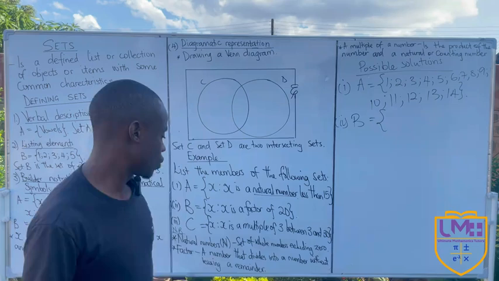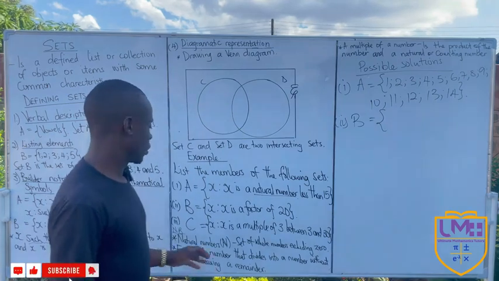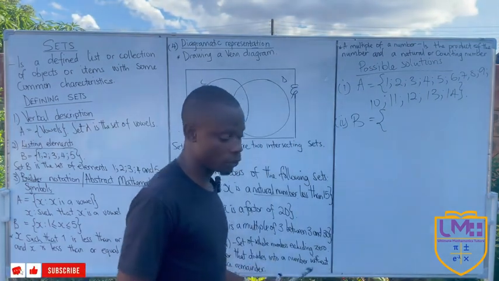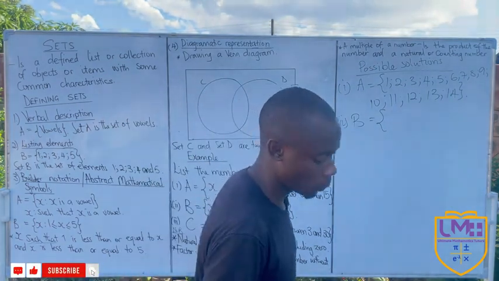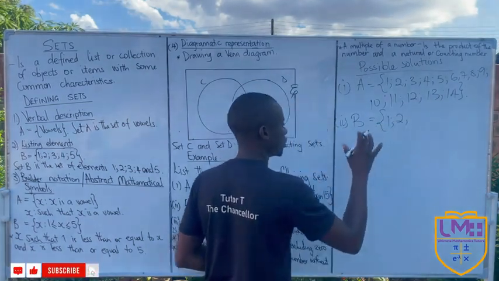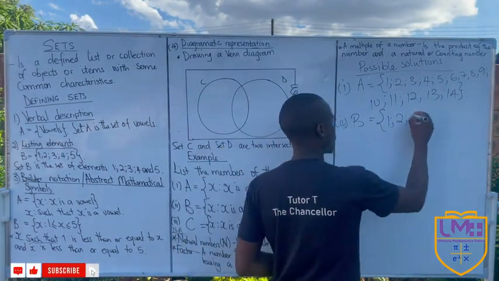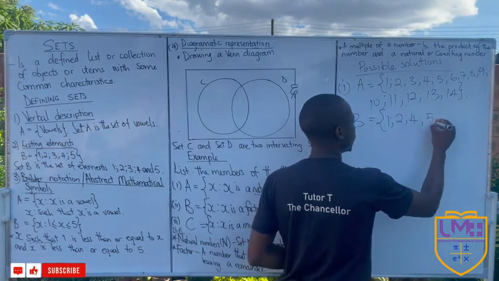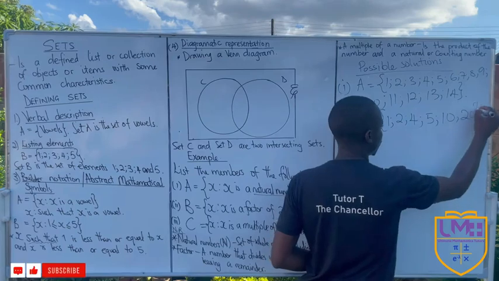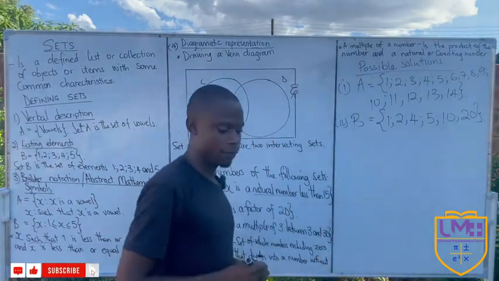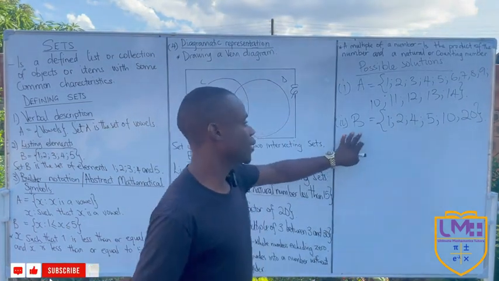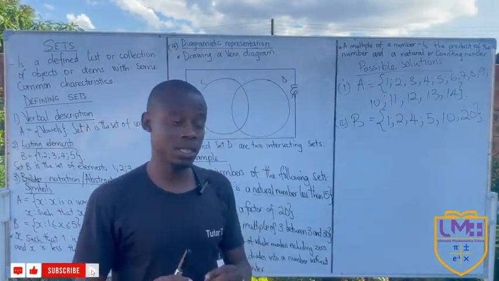The factors of 20 are 1, 2, 4, 5, 10, and 20. We have listed the members of set B.